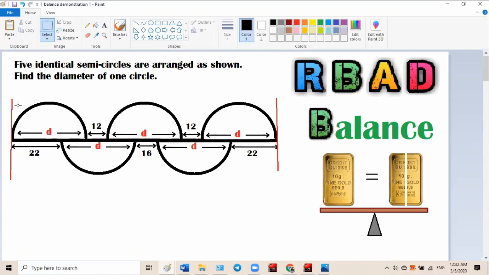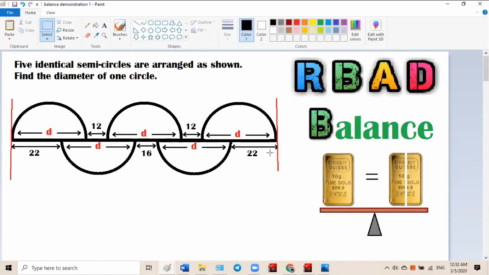So what I've drawn is two vertical straight lines end to end. As you can see, the distance from the top to the other side consists of a diameter plus 12 plus a diameter plus 12 plus a diameter. Now, this must be equal to the same distance at the bottom.